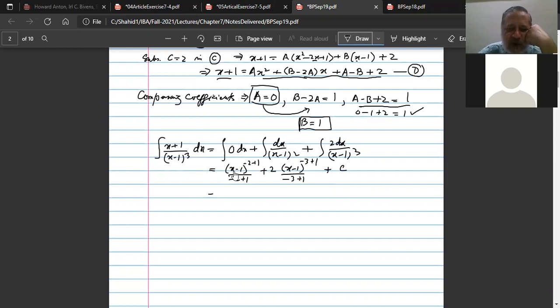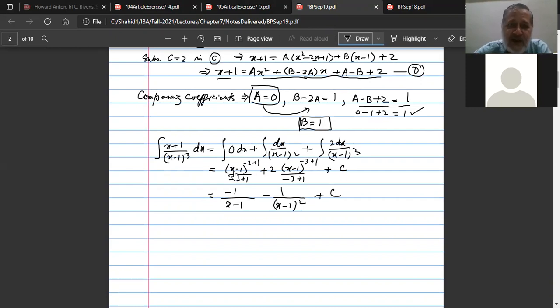So the final result is minus 1 upon x minus 1, minus, this 2 and this minus 2 cancel out, minus 1 upon x minus 1 squared plus c is the result.